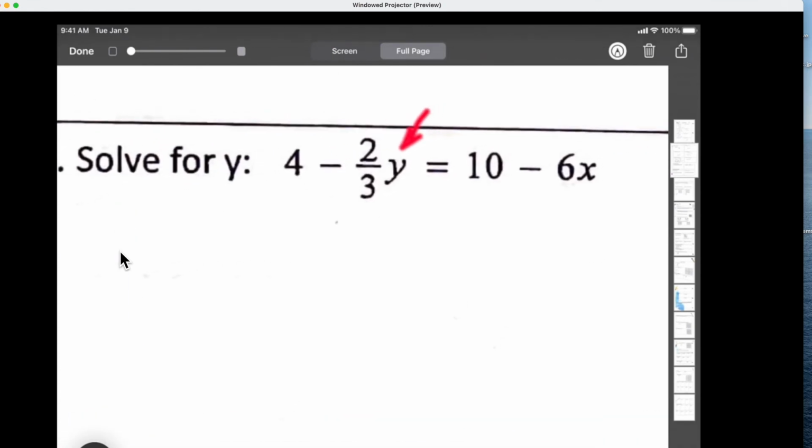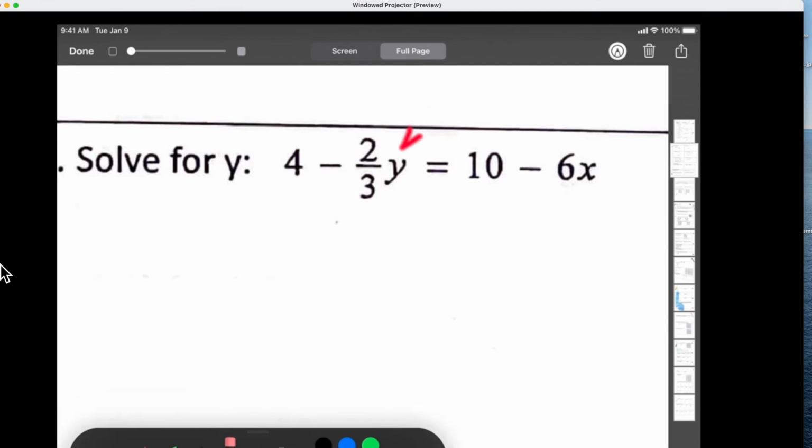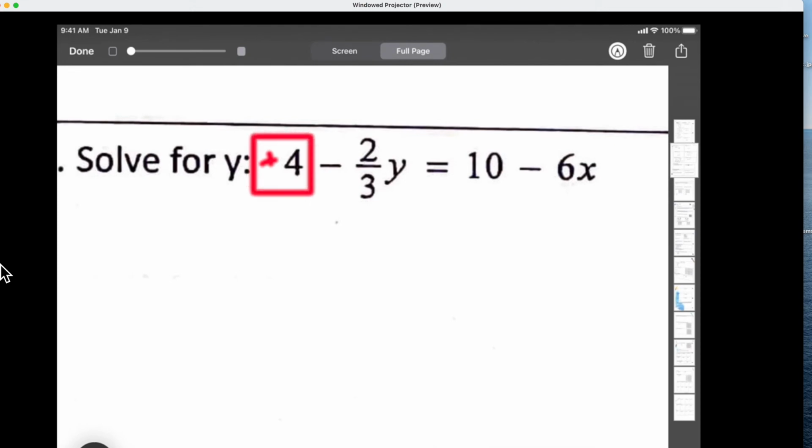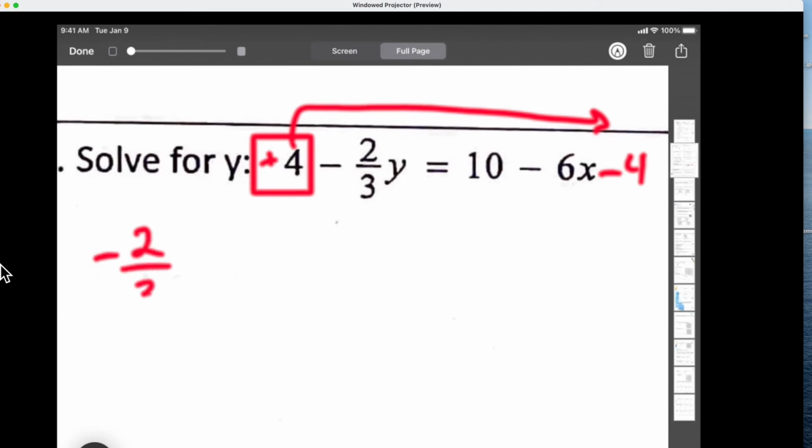Okay. First thing I would do here is I would take this 4 and move it to the other side of the equation. Currently, that 4 is a positive 4. I'm going to move it to the other side of the equal sign, and I'm going to change it to -4. So that's going to leave me -2/3 y equals 10 minus 6x minus 4.